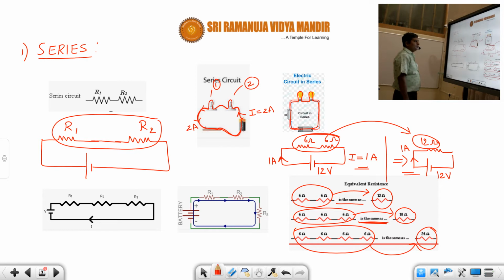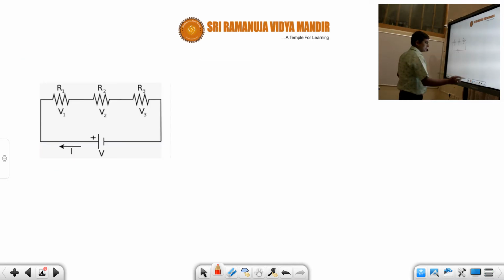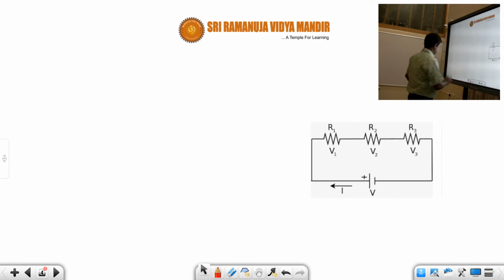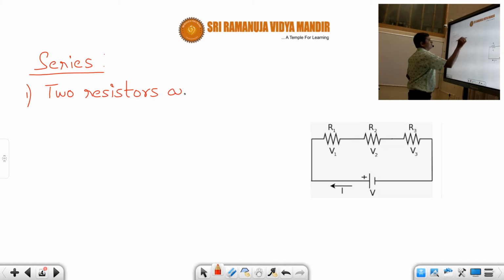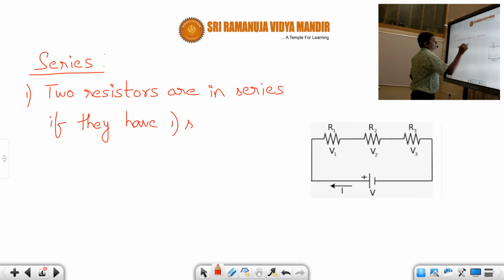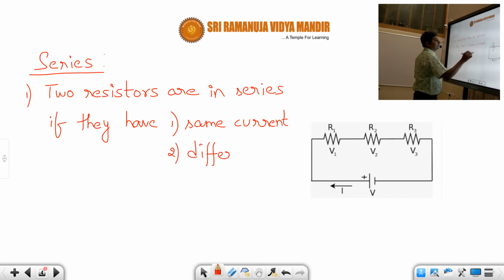So now we'll define first of all what is meant by series connection, students. Okay, students, when we say two resistors are said to be in series, two resistors are in series only if they have the same current, students, and different voltage.